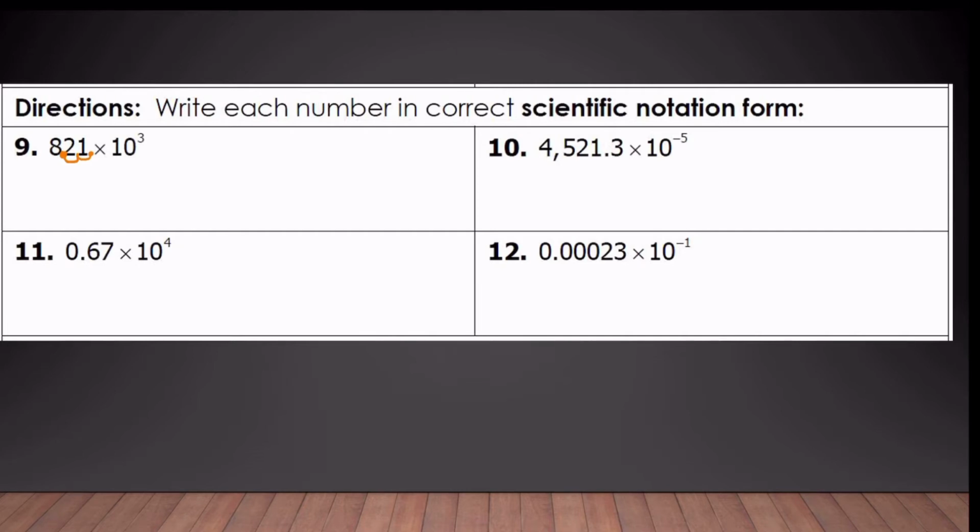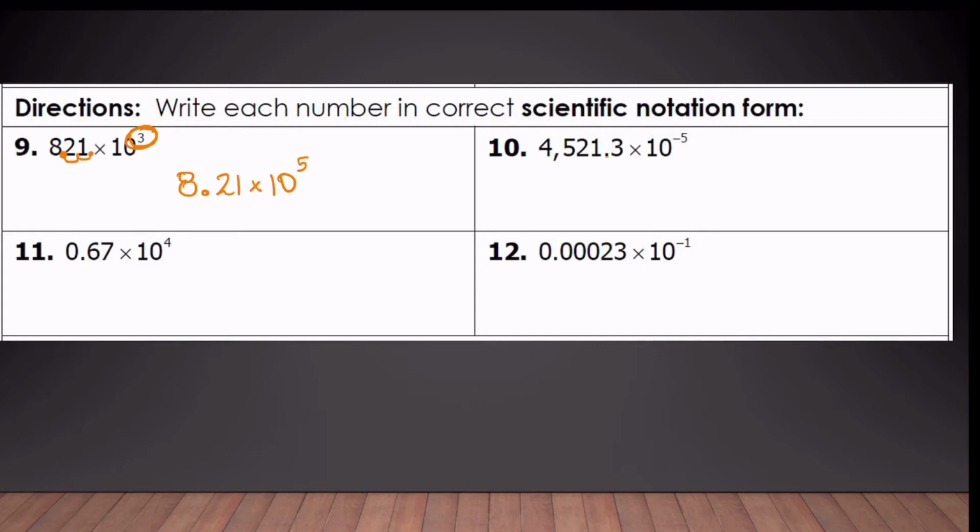If I'm moving it to the left to get it to scientific notation, I'm going to add. Remember, it was a positive. So I'm going to add 2 to give me a 5.